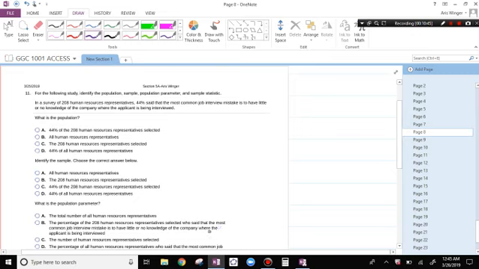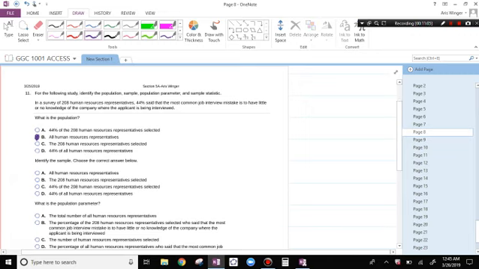In a survey of 208 human resource representatives, 44% said that the most common job mistake is to have little or no knowledge of the company where the applicant is being interviewed. What's the population? So it looks like it's all human resource representatives. The sample is these 208 people that you picked.